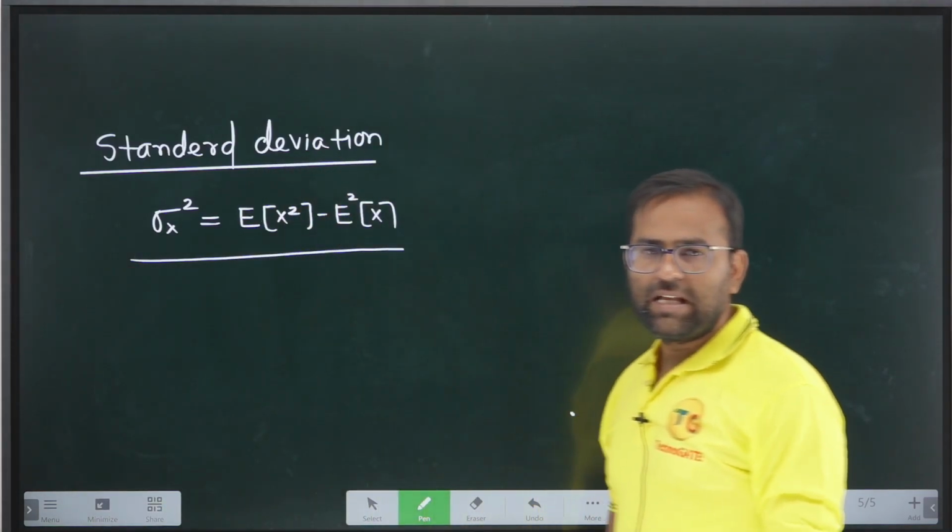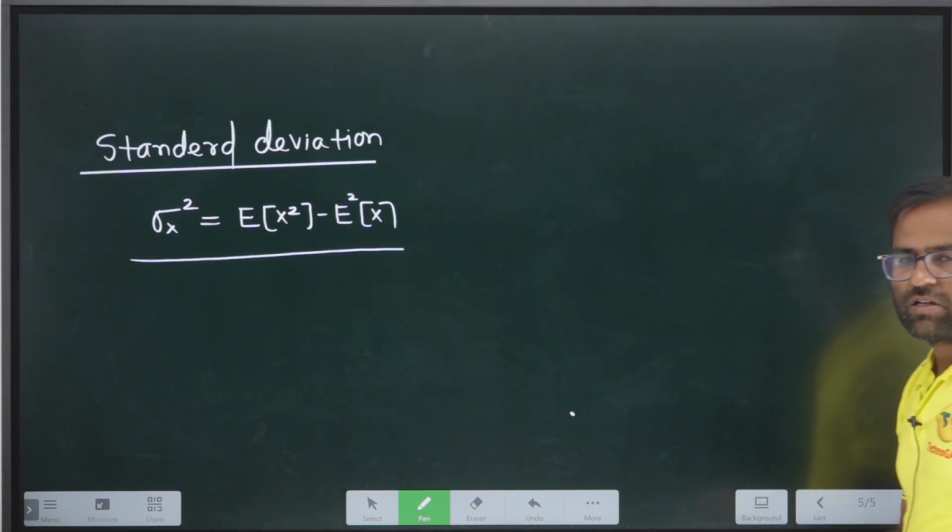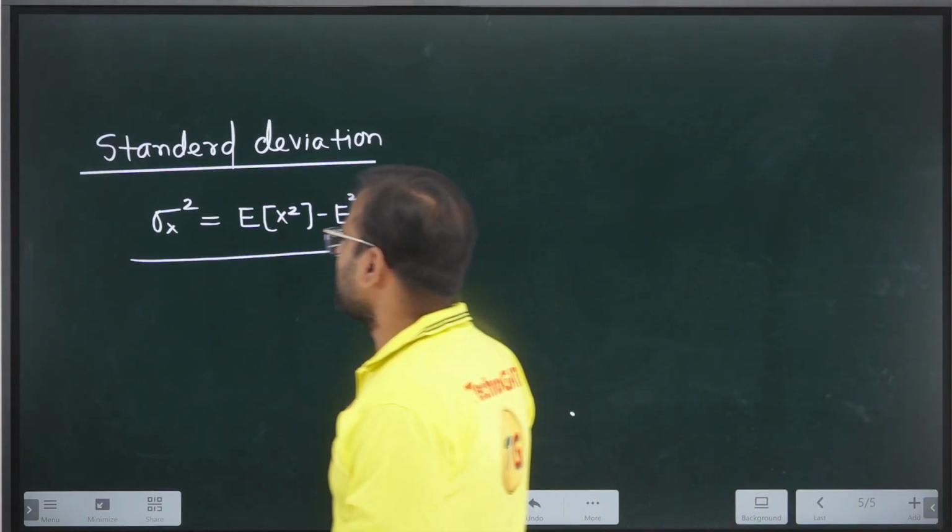This is known as the standard deviation of a random variable x.